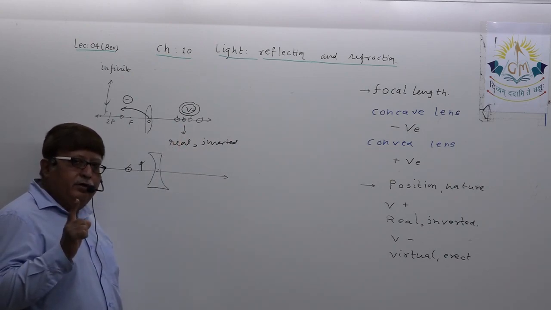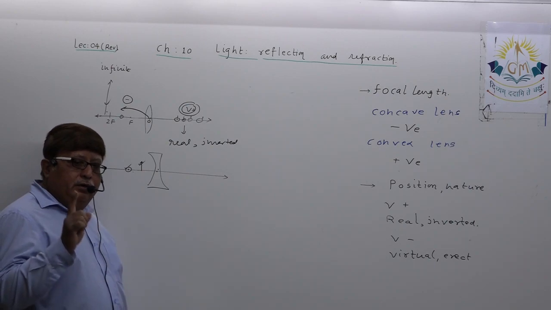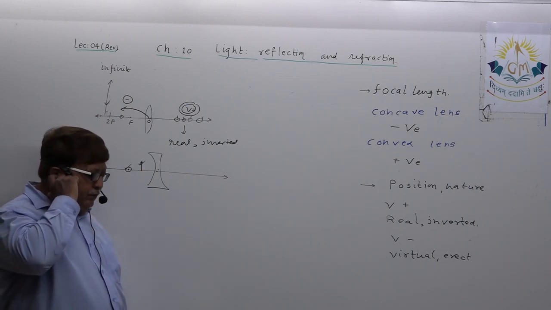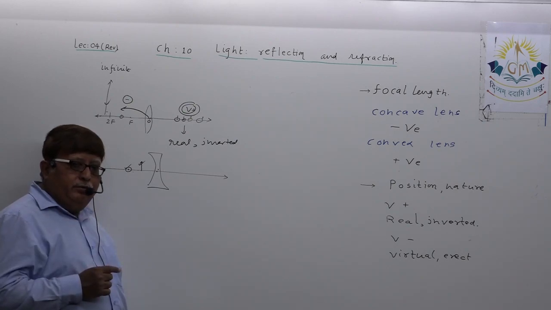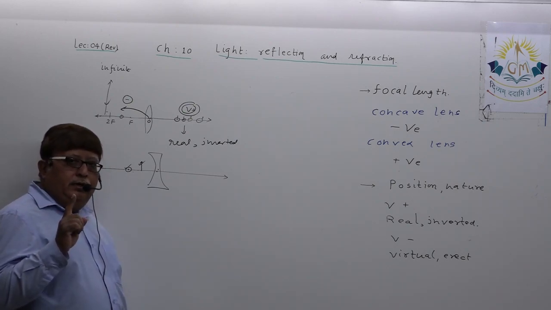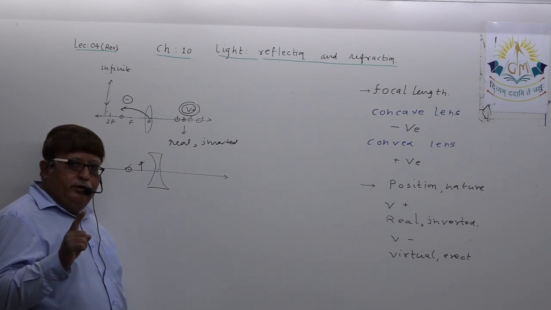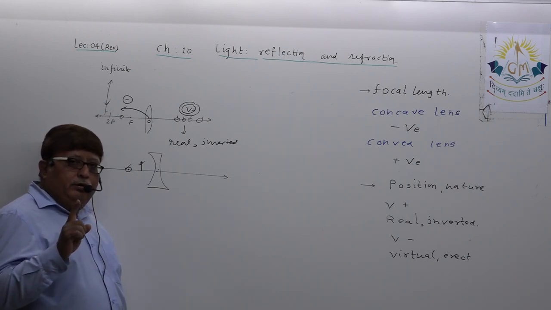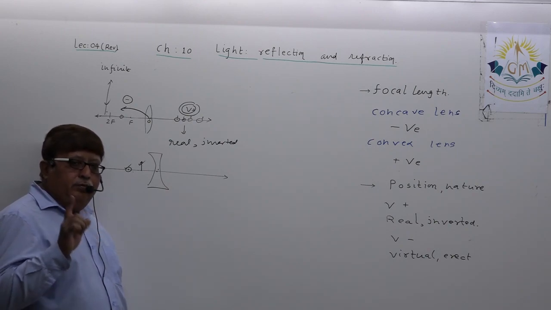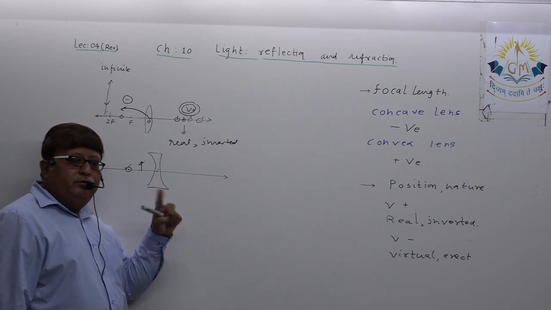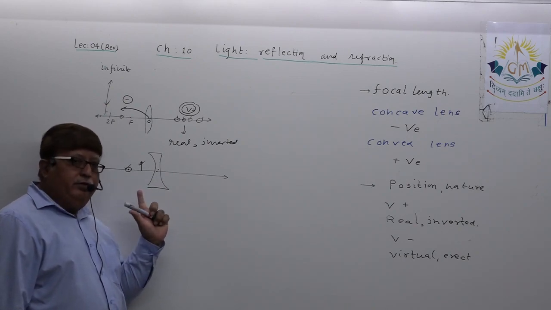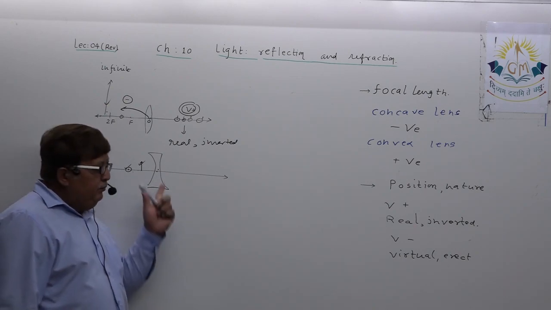Mind this important fact. In case of a convex lens, V can be positive or negative, but in case of a concave lens, V is always negative. Is it clear in your mind?